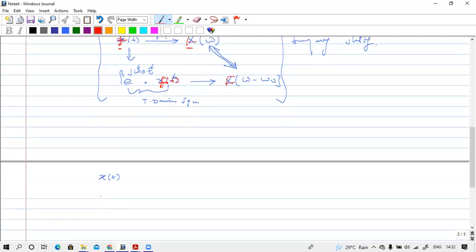So here we have x(t) equal to e to the power minus j omega naught t.